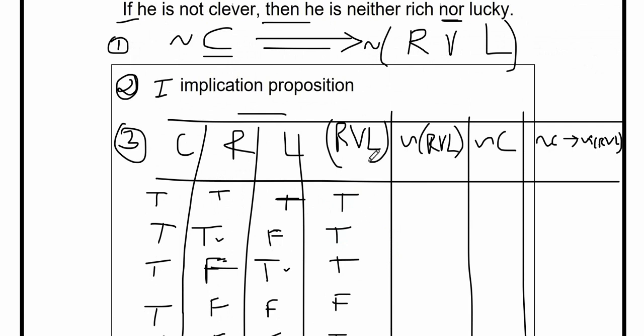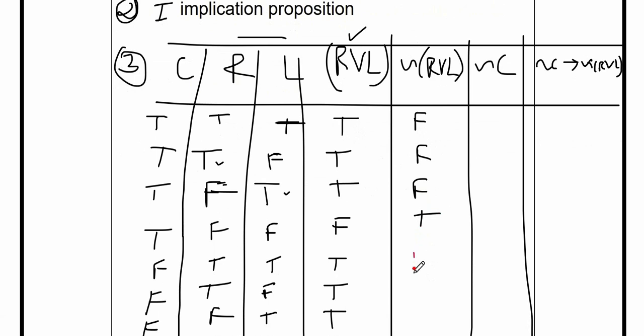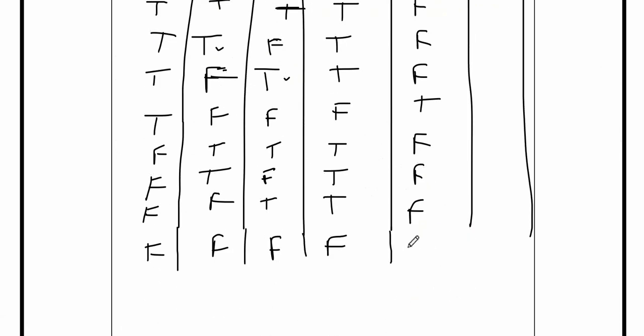Now we have to negate this fourth column. For the fifth column, we have to negate the fourth column. So if this is true, then this will become false: false, false, false, true, false, false, false, and true.